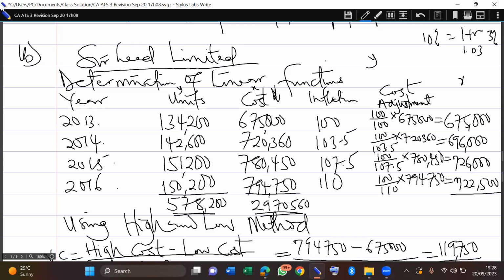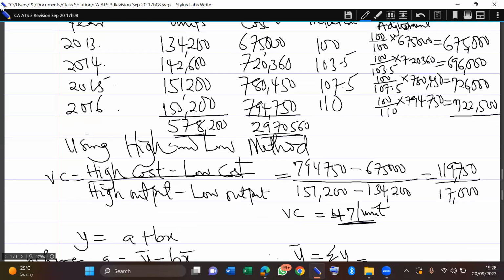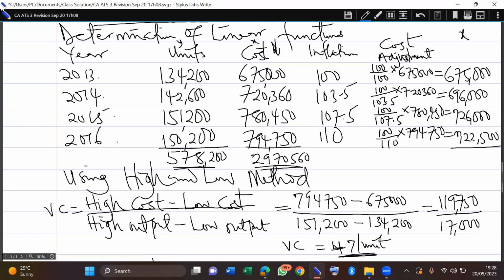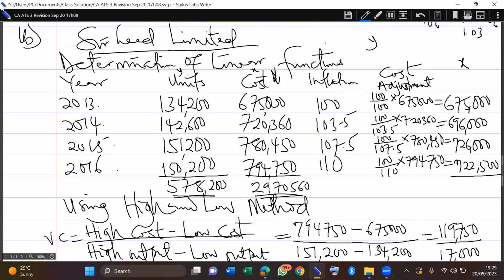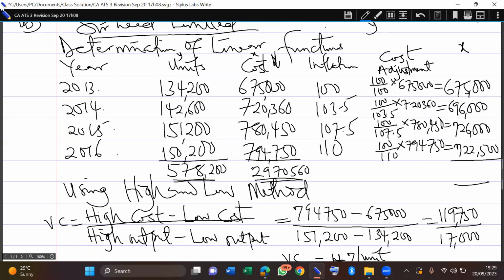This is what we stand for our X. Our high and low method will be wrong because we have used an inflated cost as well. What is our total cost? 2,819,500.